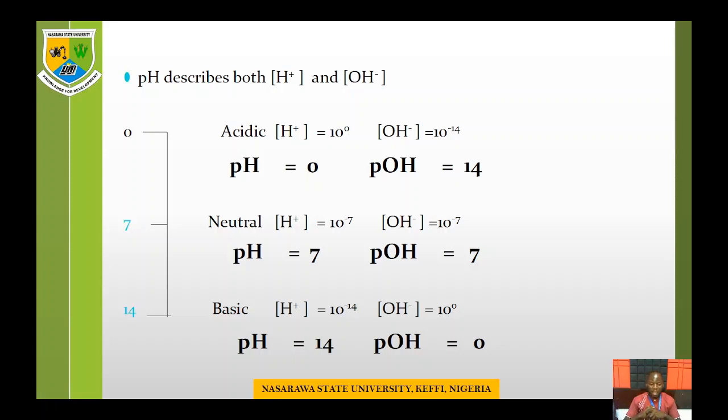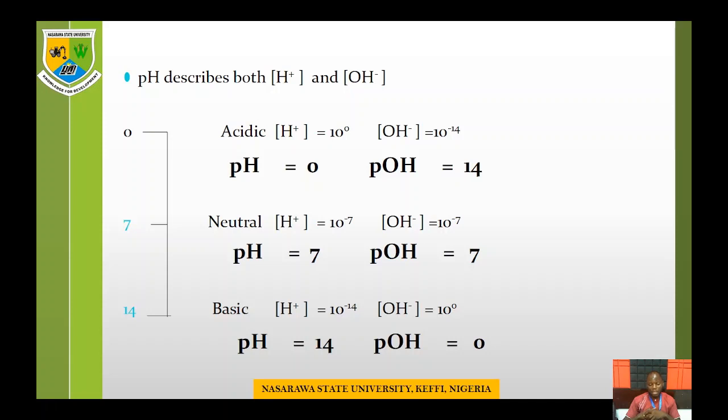So on a scale of 14 to 0 in descending order, between 0 and 7, the pH equals 0. Then at neutral pH, which is 7, the hydrogen ion concentration is equal to 10 raised to the power minus 7.